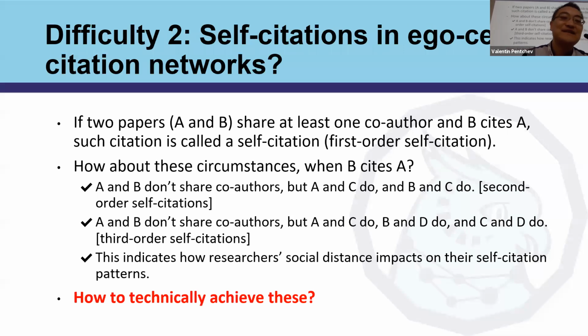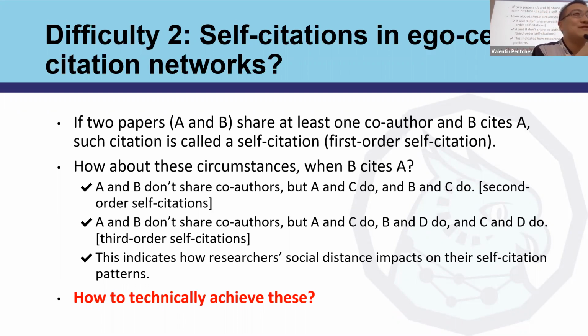The second difficulty is that I'm interested in the self-citations in ego-centered citation networks. Here, we define self-citation as: if two papers share at least one author and B cites A, then we define such a citing relationship as a self-citation. However, such self-citation is the first order citation, which is not quite difficult to extract.